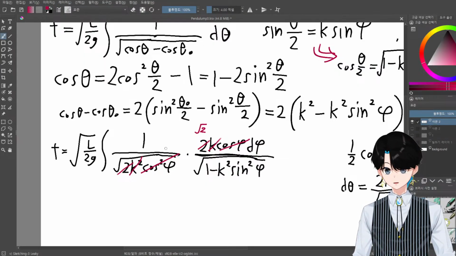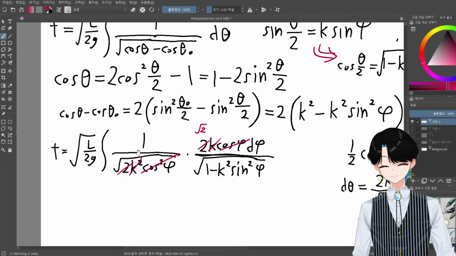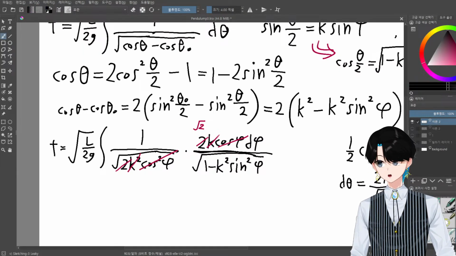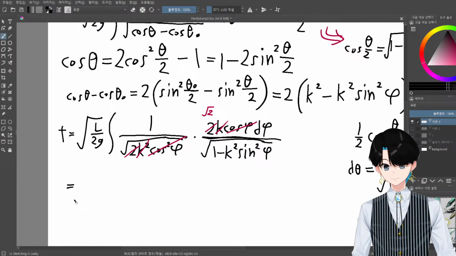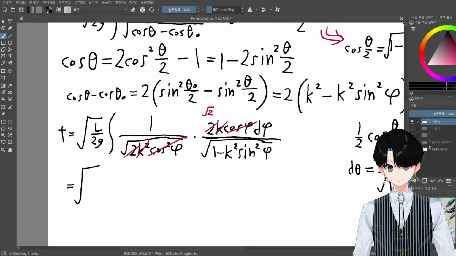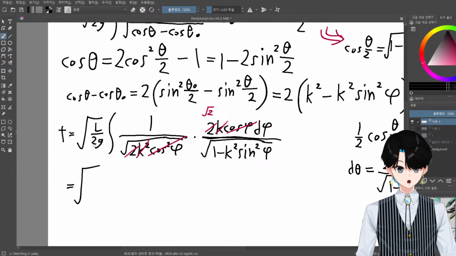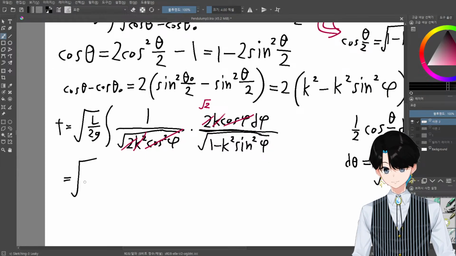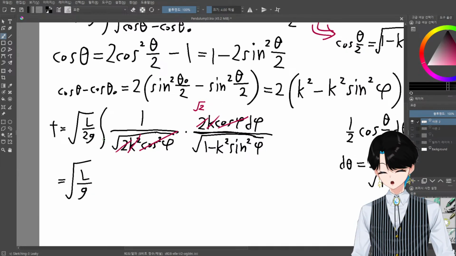The only thing left is this one right here. Root 2 comes out of the integral as a constant, and there's root 2 in the denominator, so it compensates and vanishes.